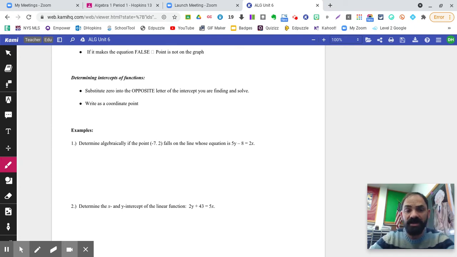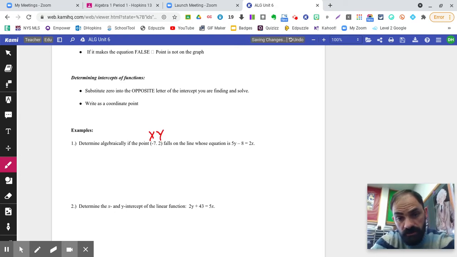Determine if the point -7, 2 falls on that line. So remember, every point comes with an x and a y value. So I'm going to plug that in. So rewriting this, instead of writing y, I'm going to put in 2. -8 equals 2 times my x value, which is -7.